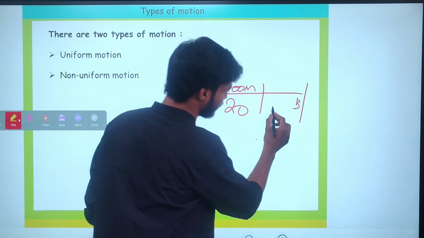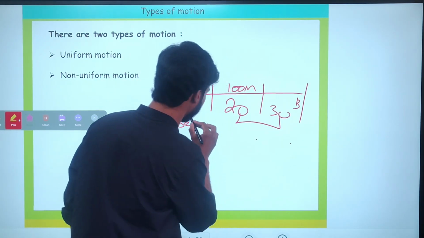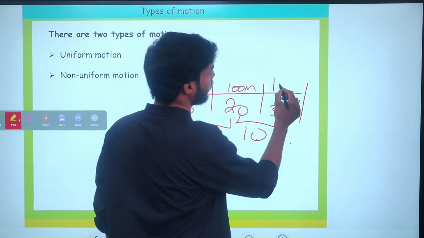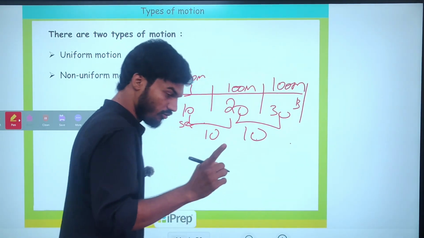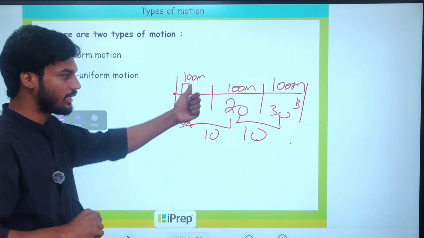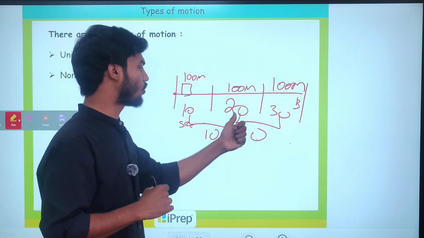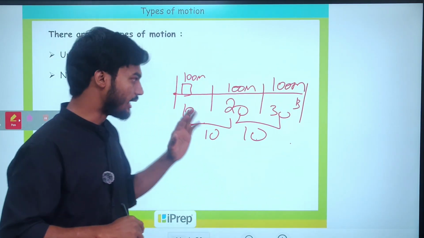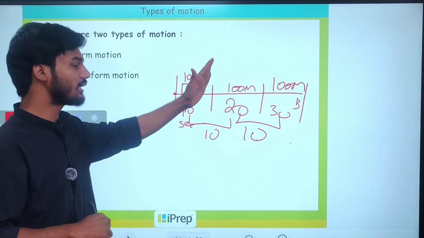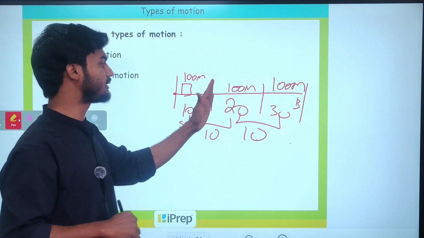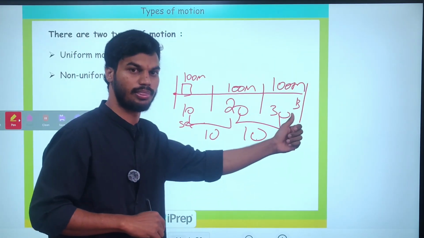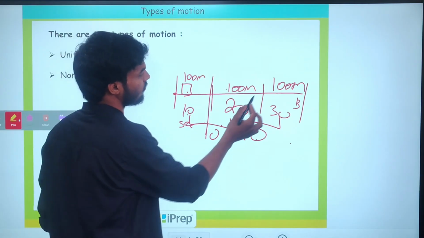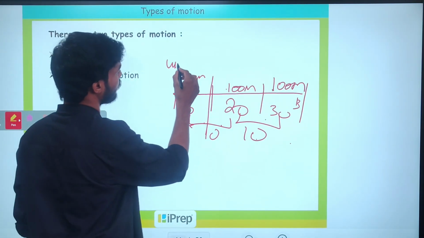In the next 10 seconds, that is 10 to 20 seconds, the car travels 100 meters. In the next 10 seconds, 20 to 30 seconds, again 100 meters. Simply, the car travels the same distance in equal intervals of time, so the body is said to be in uniform motion.